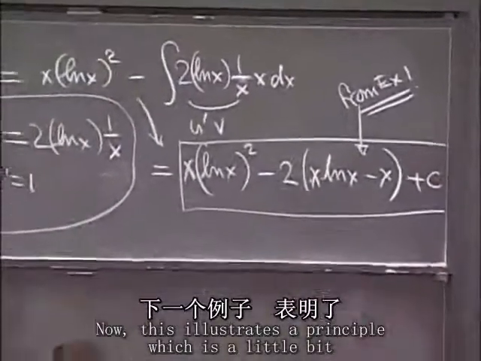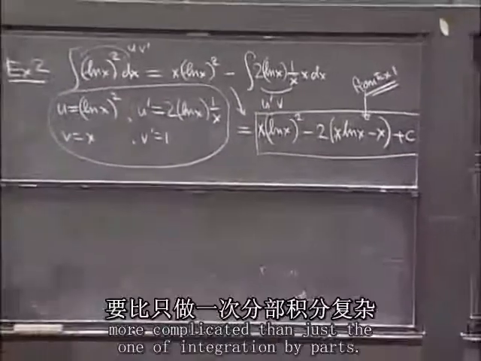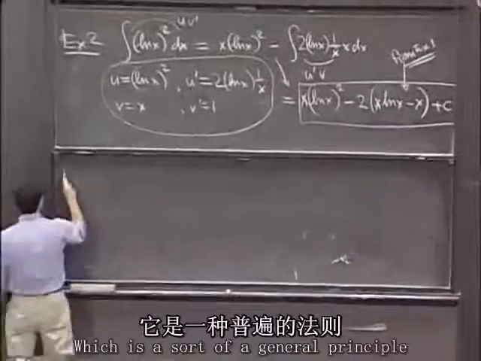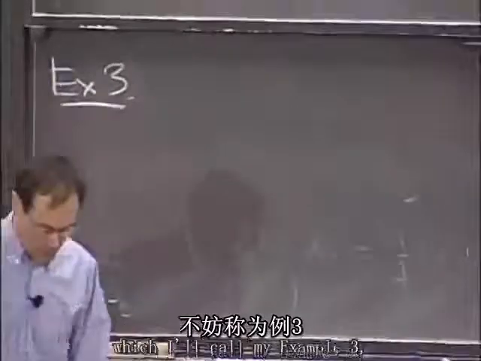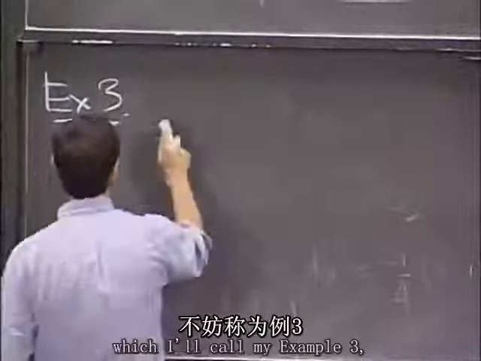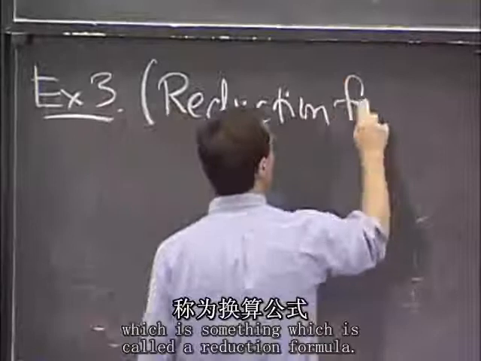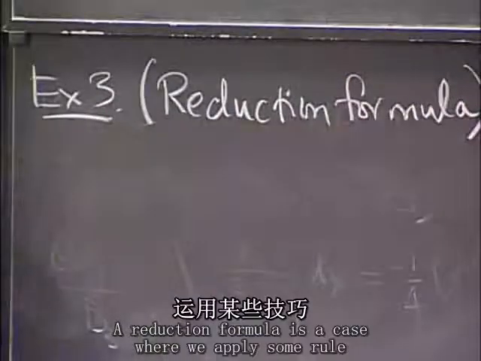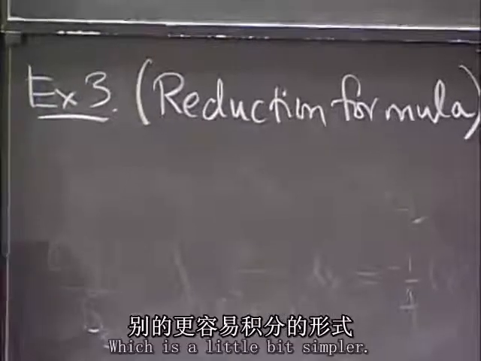Now, this illustrates a principle which is a little bit more complicated than just the one of integration by parts, which is a sort of general principle, which I'll call my example 3, which is something called a reduction formula. A reduction formula is a case where we apply some rule and we figure out one of these integrals in terms of something else, which is a little bit simpler.